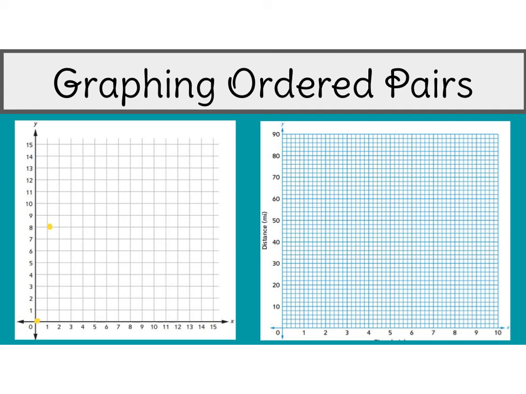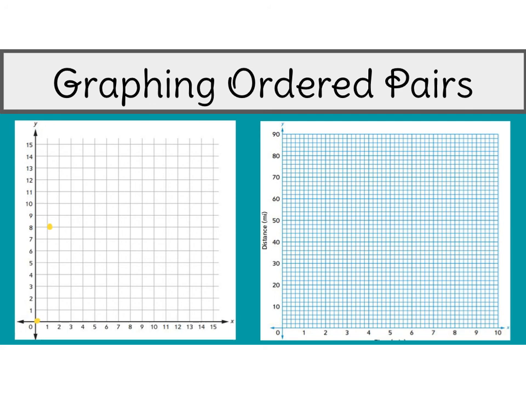So in previous lessons, we've worked with coordinate grids like this one, but today we are working with larger numbers. So today we're going to use a coordinate grid that is adjusted to accommodate larger numbers. So when we look at the one here on the right, notice I have 10 all the way up to 90 on the y-axis. And on the x-axis here, we go from 1 to 10.